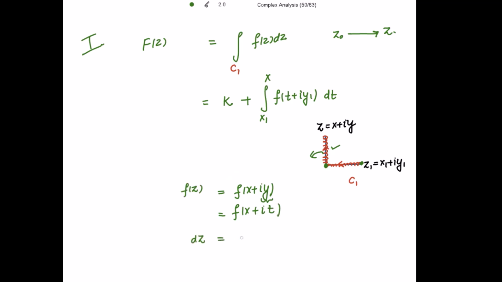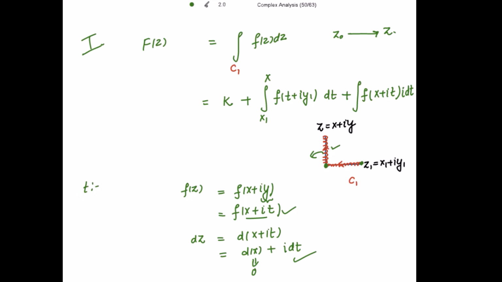And dz is equal to dx plus iota dt, and because x is constant, d of x is 0, so dz is iota dt. So plus the integral of f of x plus iota t, dz is iota dt.